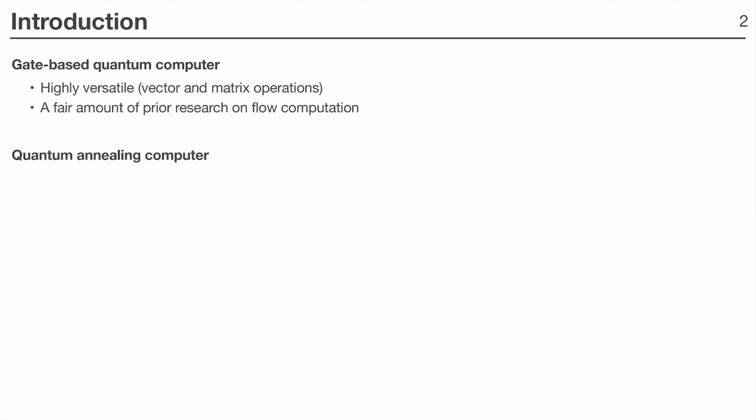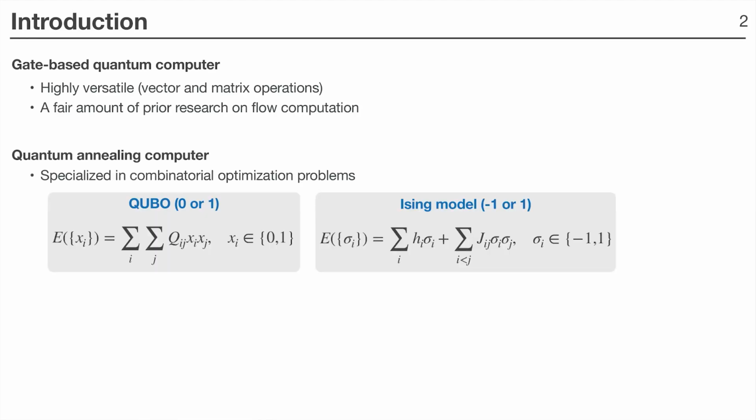You can use them for universal applications by using vector and matrix operations. When you search on Google, you can find a fair amount of prior research on flow computation for gate-based quantum computers. But quantum annealing computers are specialized in combinatorial optimization problems.